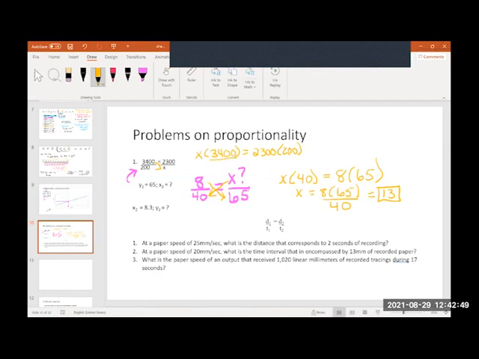Well, I would have to divide both sides by 3,400. And now I get 2,300 times 200 divided by 3,400, and I get 135.29.